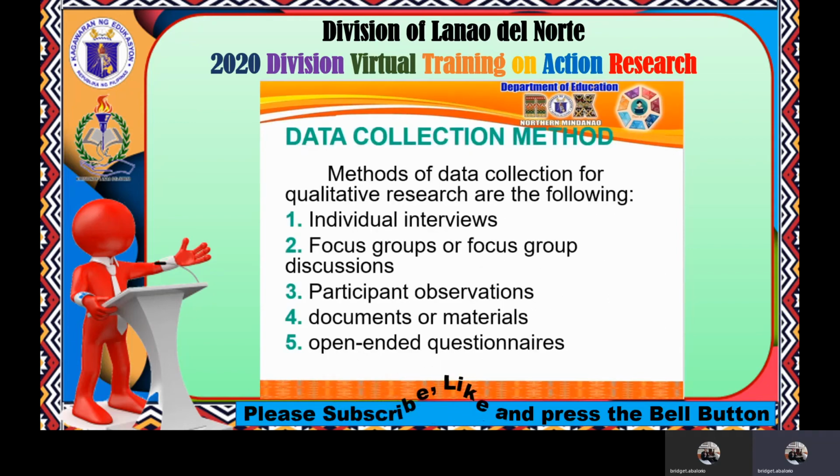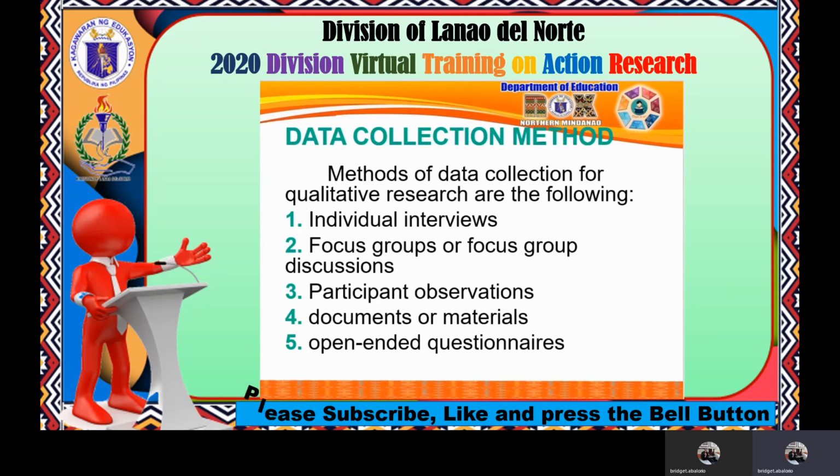Now let's come to the data collection methods. The methods of data collection under qualitative action research are the following. First, individual interviews. Next, focus groups or focus group discussions. Third, participants' observations. Fourth, documents or materials.